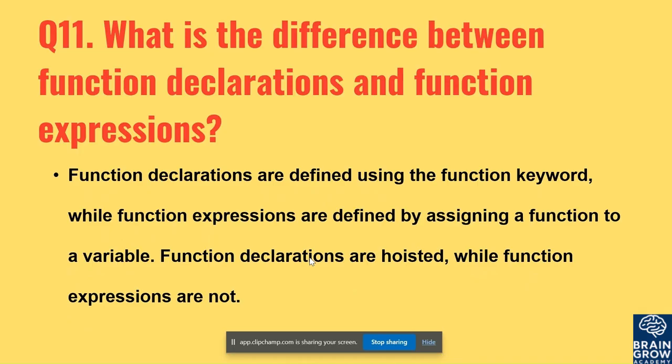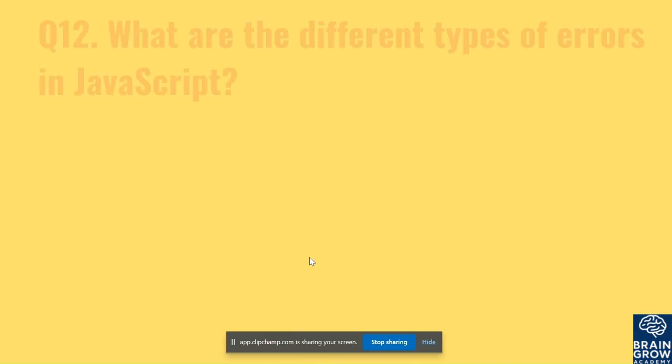A function expression is created by assigning a function to a variable, for example when we use const a is equal to function, that is a function expression. Function declarations are hoisted while function expressions are not. Why this is hoisted, we discussed in previous videos.